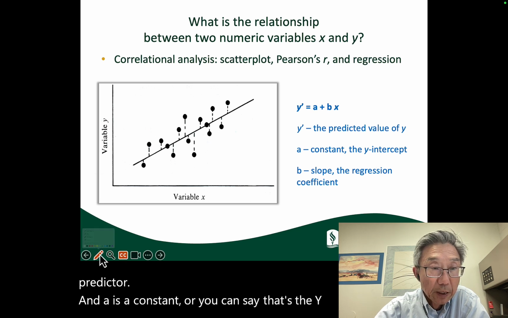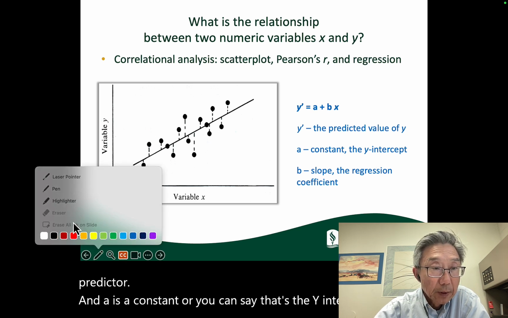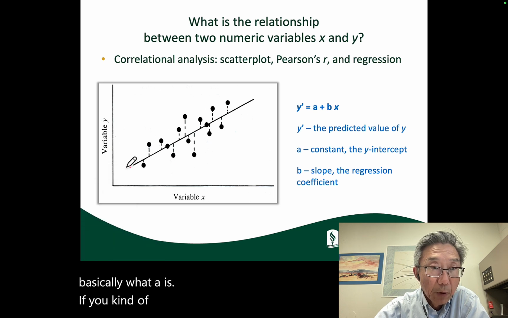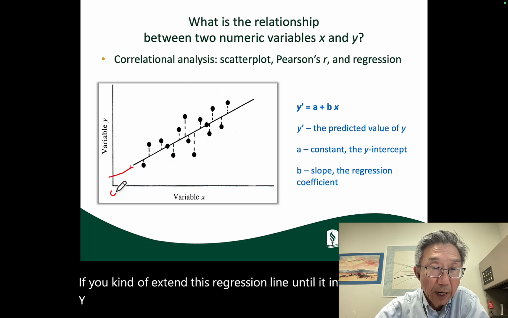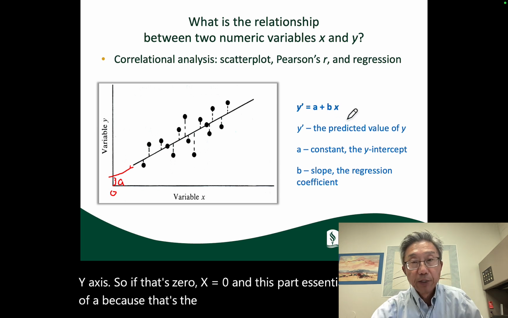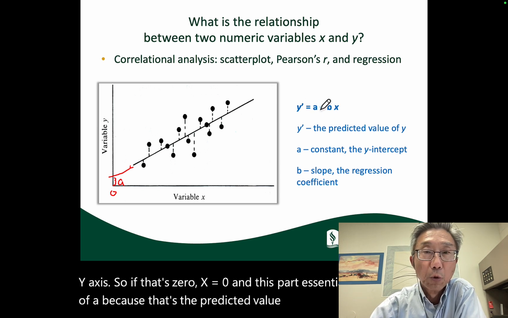So basically, what a is, if you extend this regression line until it intercepts with the y-axis, where x equals 0, this part essentially is the value of a, because that's the predicted value when x equals 0, so y prime equals a.